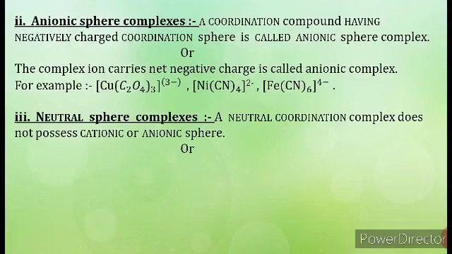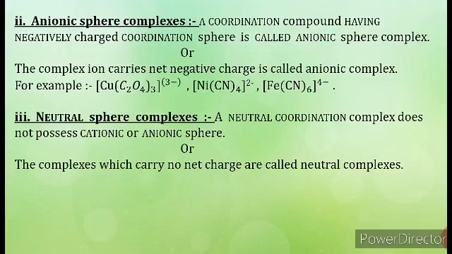Then neutral sphere complexes. A neutral coordination complex does not possess any cationic or anionic sphere. Means if the coordination complex is neutral and doesn't carry any charge, then it comes in the category of neutral sphere complex, or we can say complexes which carry no net charge are called neutral complexes.